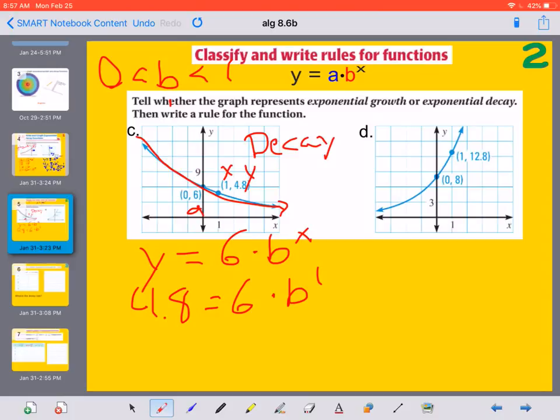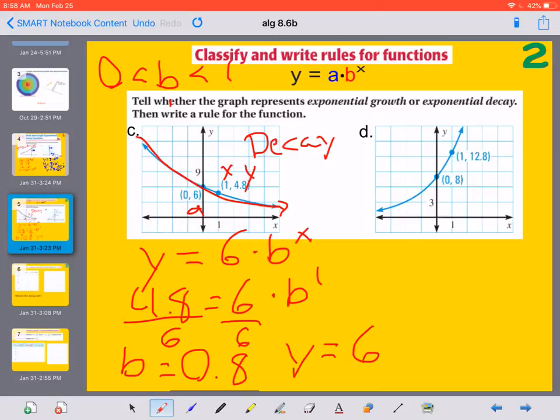Now, this is being multiplied by the b, so I'm going to divide by 6. And we get b equals 4.8 divided by 6. You're probably going to need a calculator for these ones. 0.8. So that gives me our b. So then our equation is y equals 6 times 0.8 to the power x.